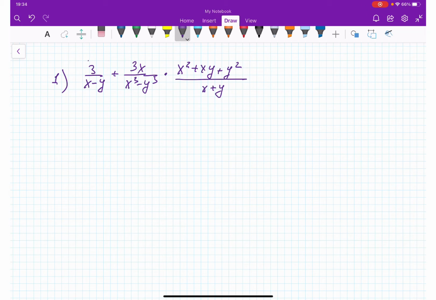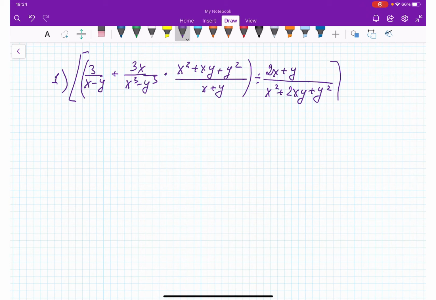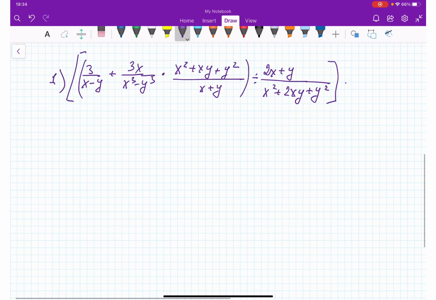Okay, this is in parentheses, and divided by 2x plus y divided by x squared plus 2xy plus y squared, square brackets, and multiplied by 3 over x plus y.